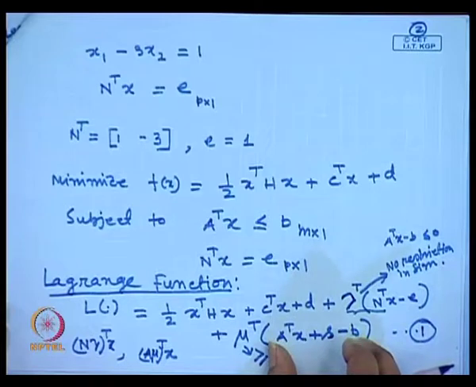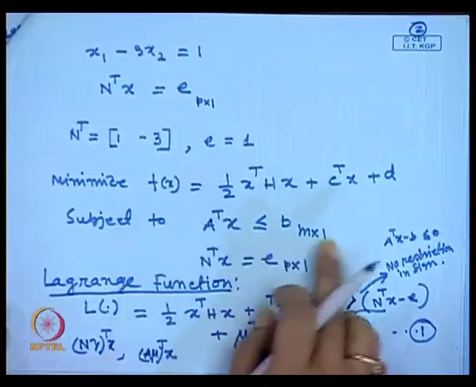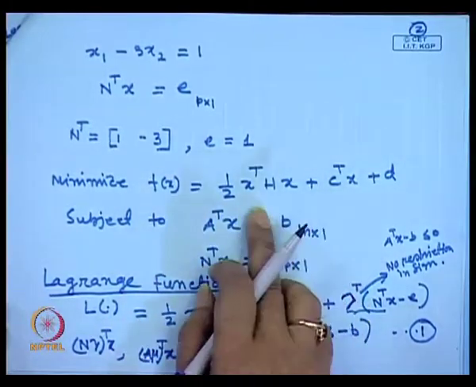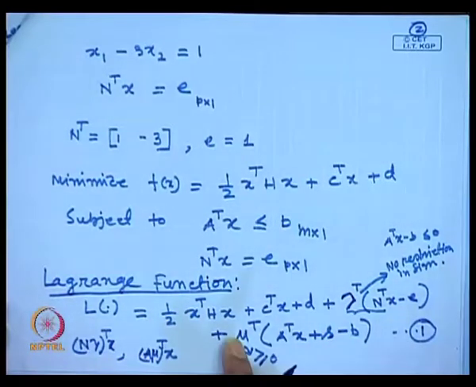Whereas the Lagrange multiplier corresponding to the inequality constraint we consider as mu, which is greater than or equal to 0 for this type of inequality constraint. We have discussed earlier in detail why the mu value should be greater than or equal to 0.